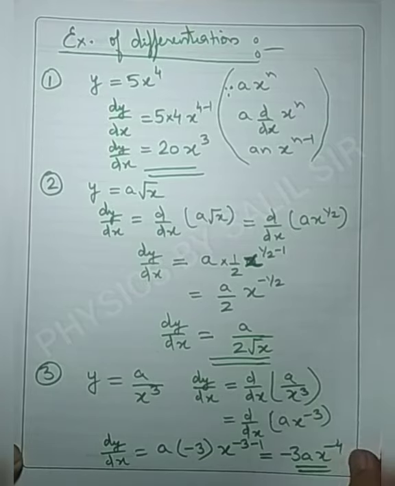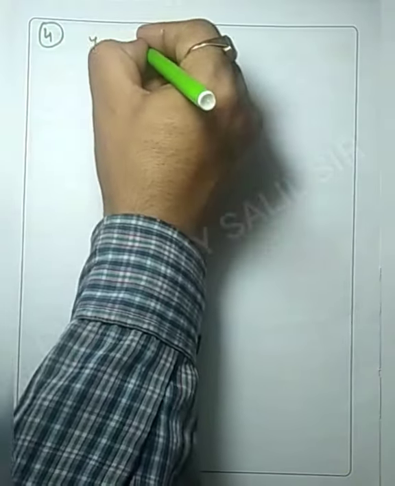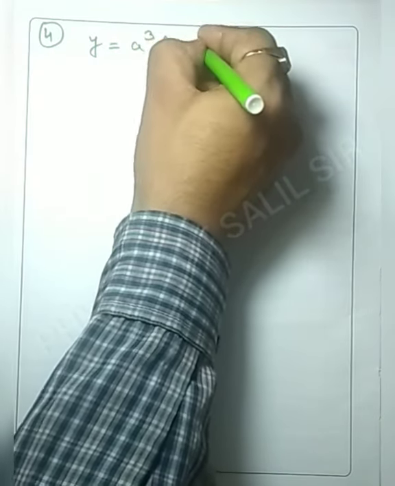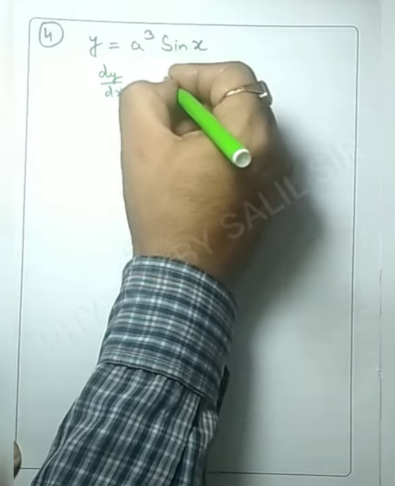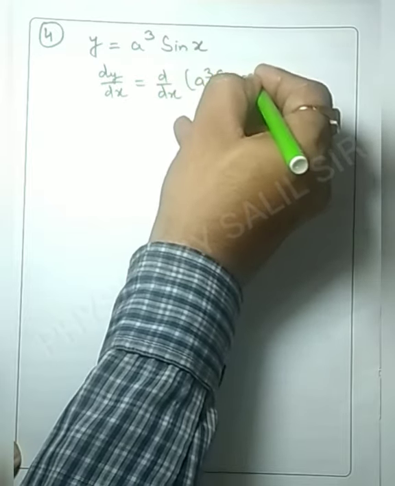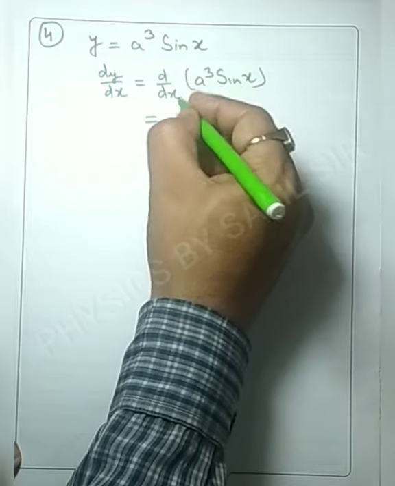And the last example related to differentiation, example number 4. Suppose it is given as y is equal to a cube sin x, and you have to differentiate with respect to x. Then it will be d by dx of a cube sin x, and a cube is constant, so it will come forward.